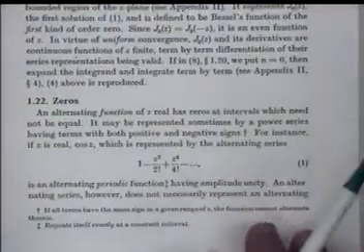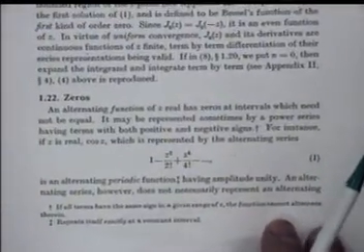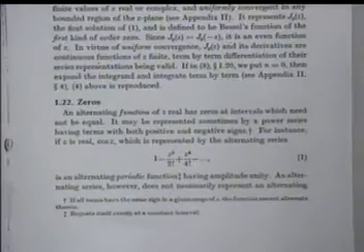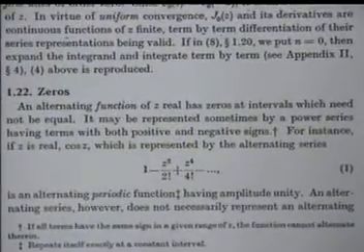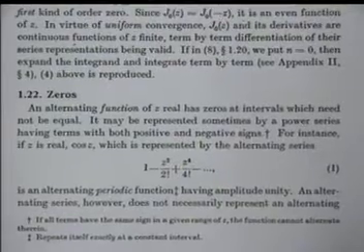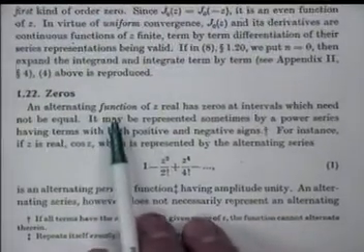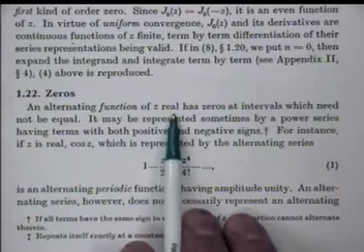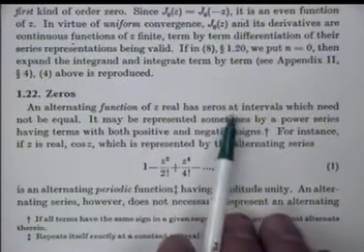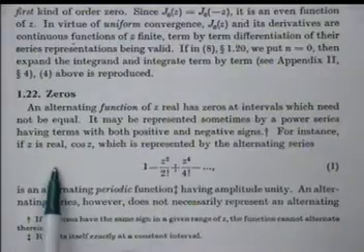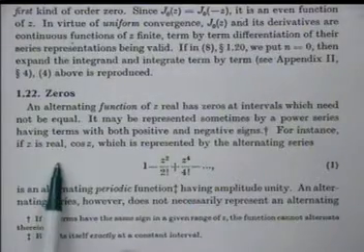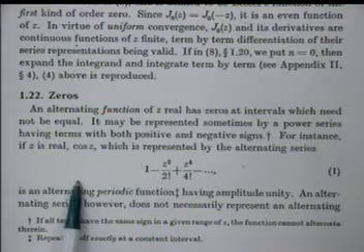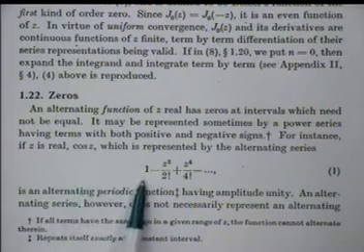Okay, let's back up a little bit and talk briefly about a series. It says an alternating function of x real has zeros at intervals, and they may not be equal. In other words, the periods might be getting larger or smaller depending on how it goes.